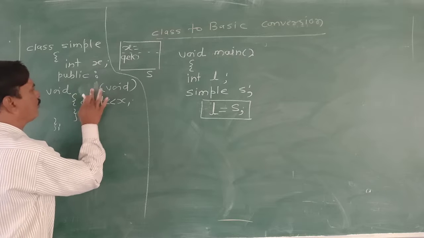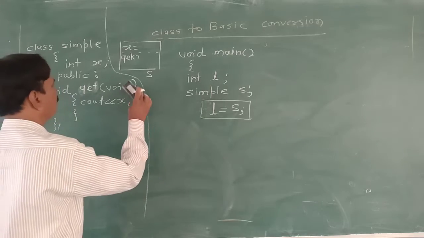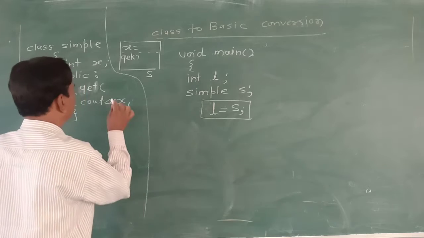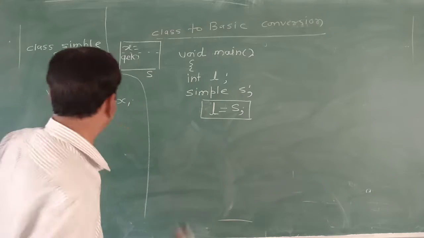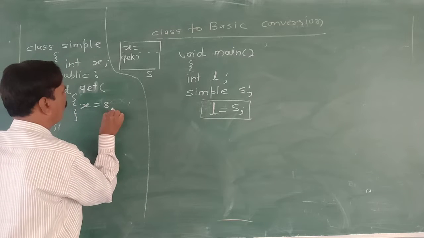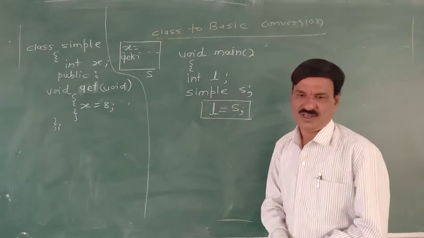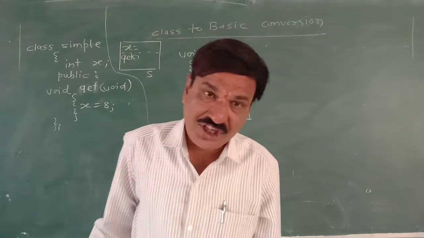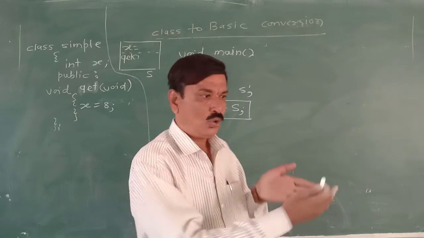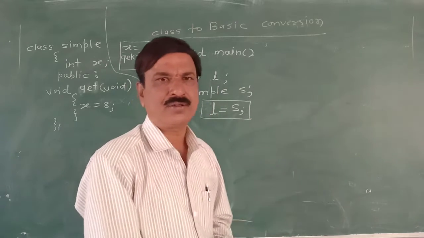Instead of that, suppose we have a get function, and here we will initialize x is equal to 8. Now look at what change we have done. Previously L was initialized and x of object s was uninitialized. So that conversion was L initializing x.